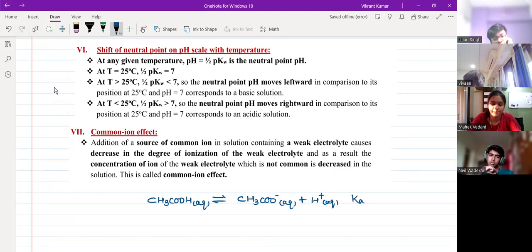Now, if I'm adding water to this solution, I'm increasing the volume, right? If I'm adding water, because we are talking about a reaction which is in aqueous solution, that will increase the volume of the solution. If I'm increasing the volume of the solution, shifting will occur in which direction, forward or backward?